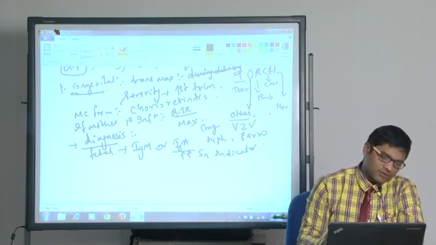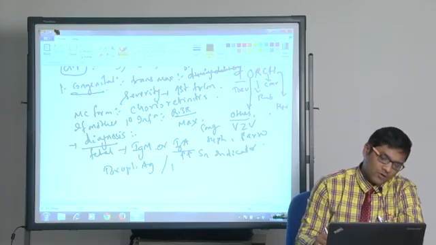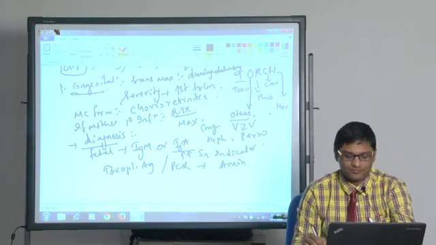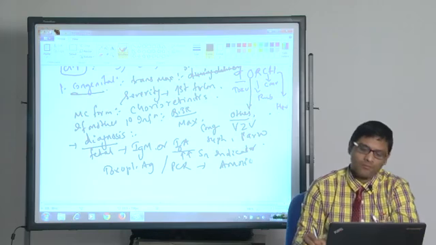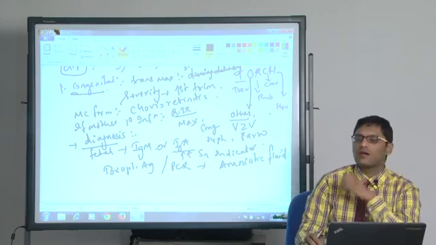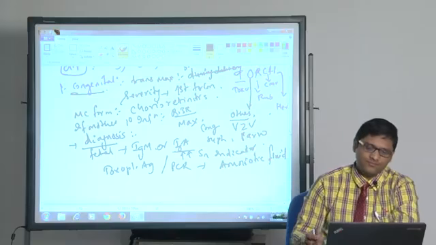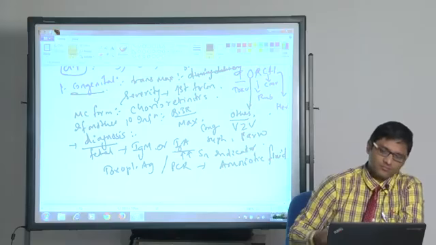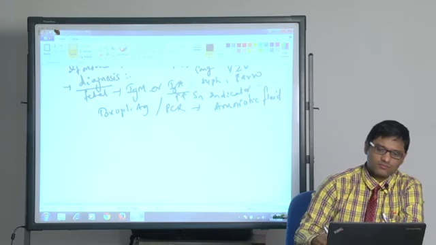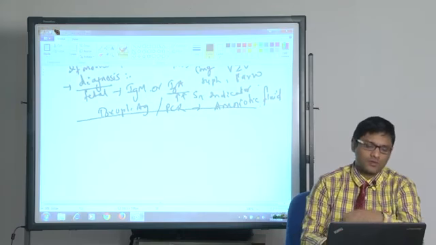Other than that, of course, toxoplasma antigen can be detected, or you can go for a PCR detecting gene in amniotic fluid. Okay. So this is about congenital toxoplasmosis.